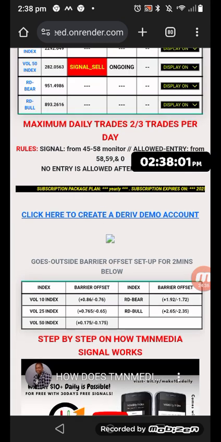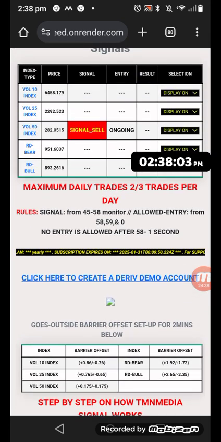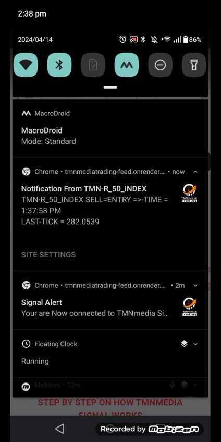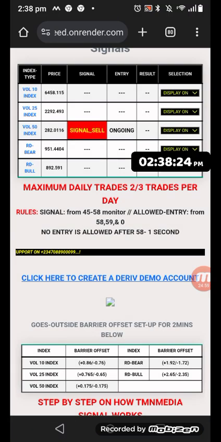You can see it has said enter. It's an ongoing trade right now. If I had entered this trade, I would have won it. You can see the notification. This is the signal you are seeing right now, because you get notification, you also get to see it, and you also get to see the results of the trade.